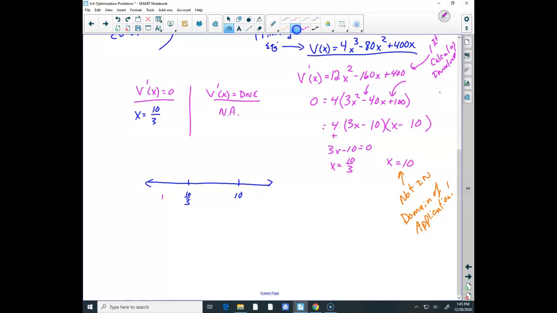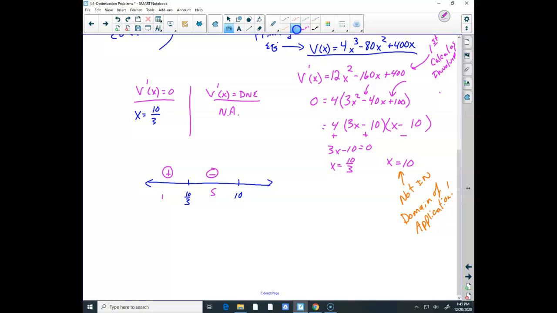And if I put a 1 in here, this factor is negative, and this factor is negative, which means that's going to be increasing. I know 5 is bigger than 10/3 and smaller than 10. If I put 5, that's 15 minus 10, so that's positive. Put a 5 in here, 5 minus 10, that's still negative. Positive times a negative, that's negative.